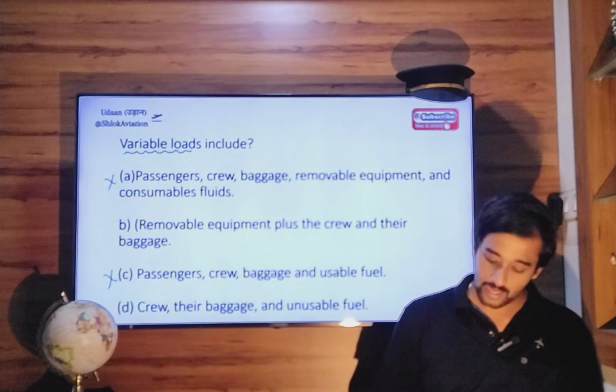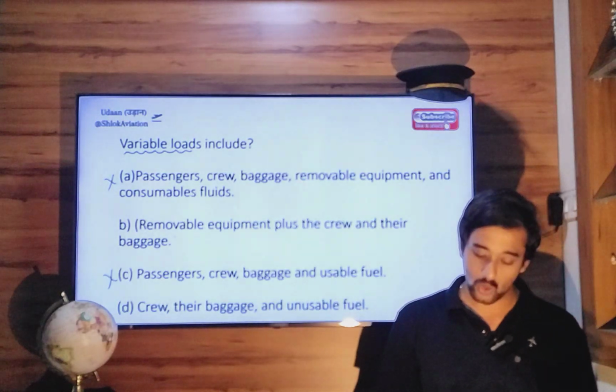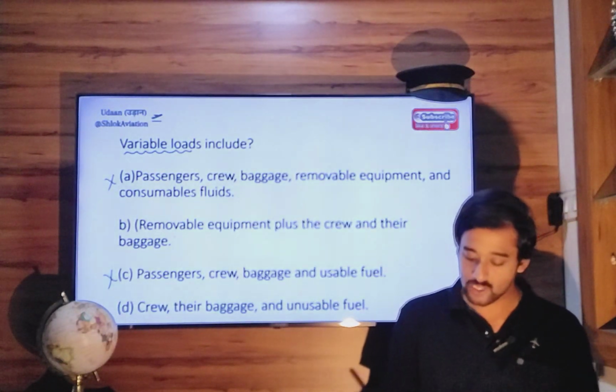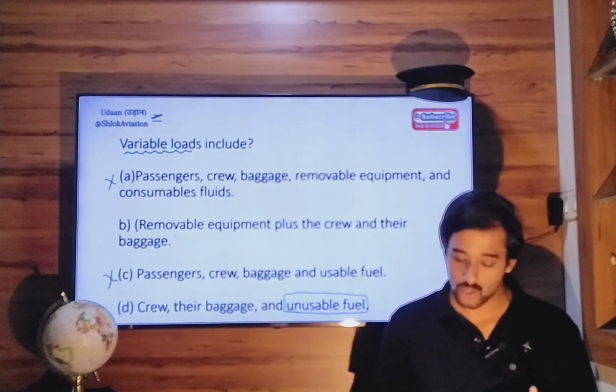and crew, their baggage and unusable fuel. Over here it says crew baggage, that is right, unusable fuel. Now unusable fuel is a part of basic empty mass already.